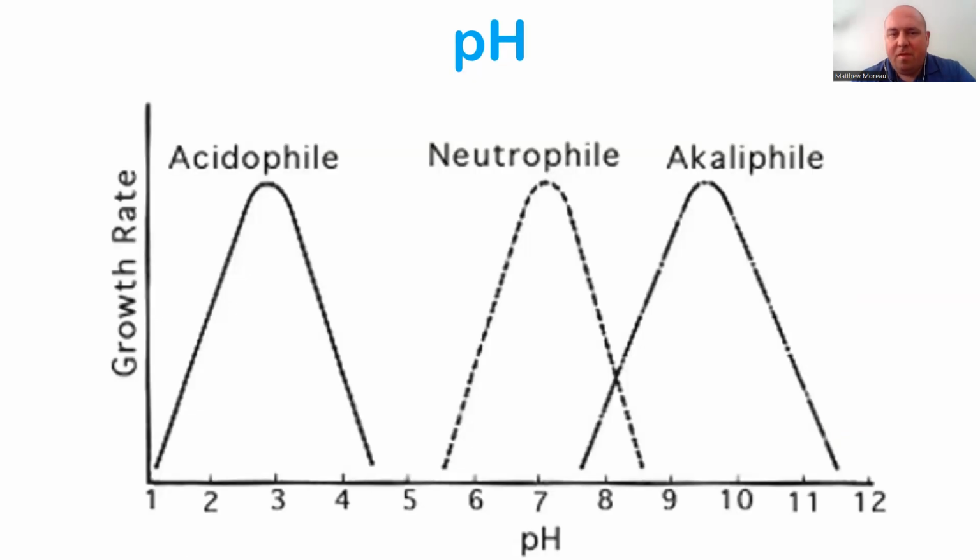pH, again, the availability of H plus protons, is not only important for ATP synthesis and the enzymes and the transporters that are involved in ATP synthesis, but also because any amino acid that is negatively charged can be protonated, meaning that the more H plus there is, the more protonation that can occur, which affects the amino acid structure, which then affects the protein structure, right?